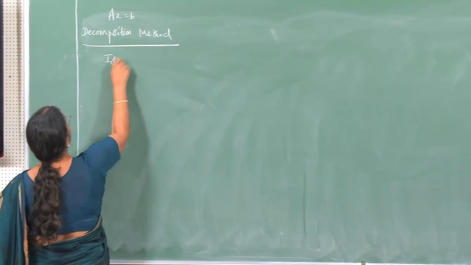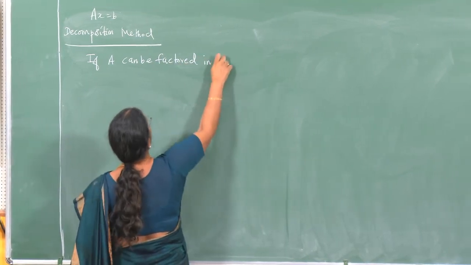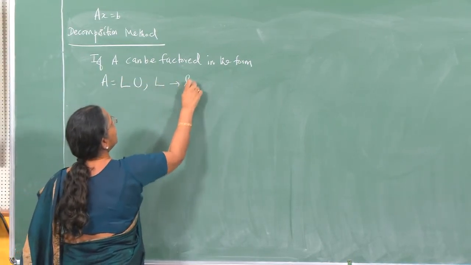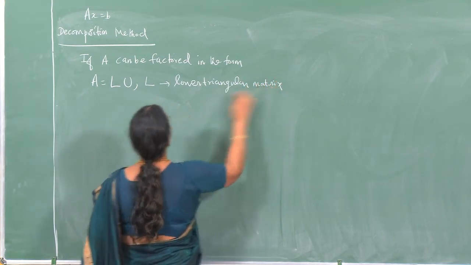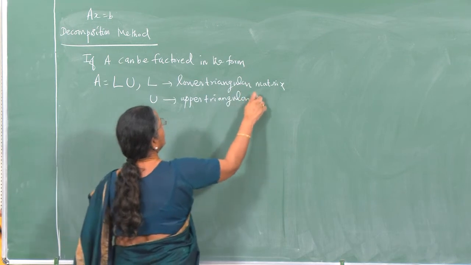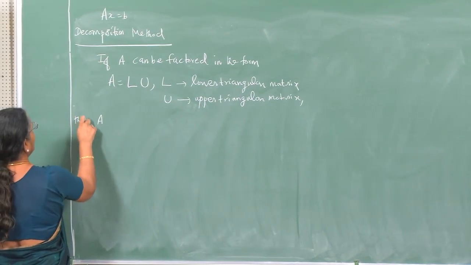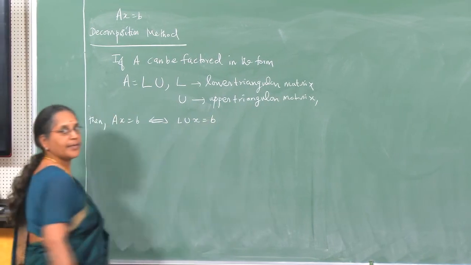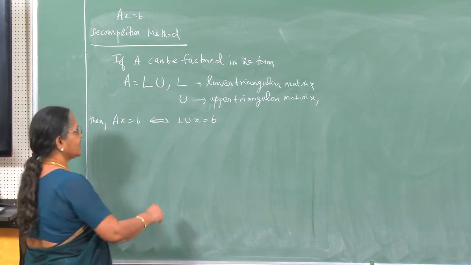So, if a matrix A can be factored or decomposed in the form A = LU, where L is a lower triangular matrix and U is an upper triangular matrix, then in that case solving the system Ax = B is equivalent to solving LUx = B, because A can be factored in the form LU, where L is lower triangular and U is upper triangular matrix.